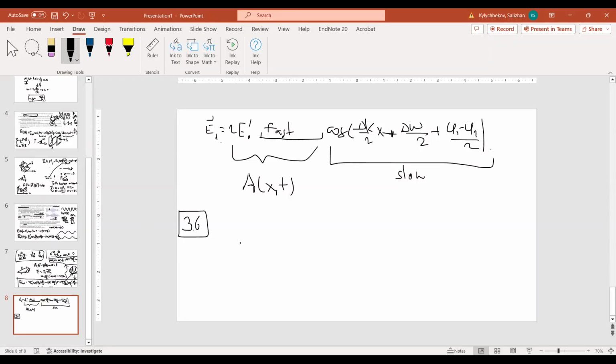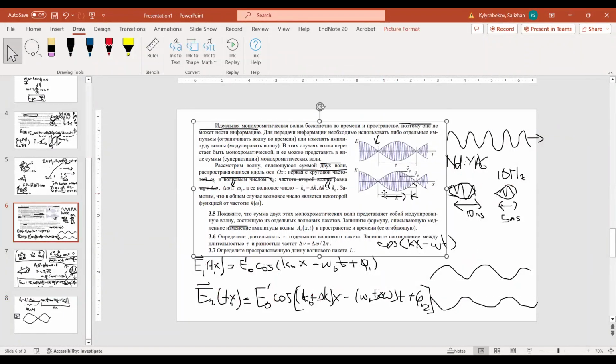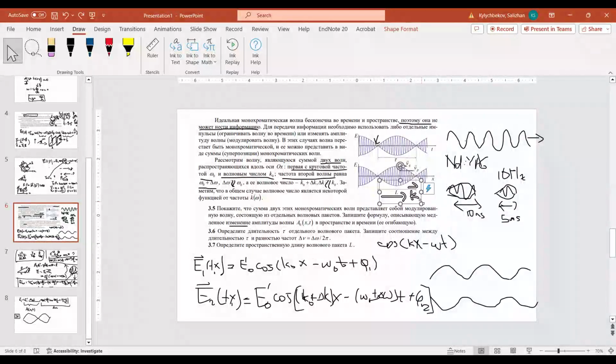So you now have a wave packet, like beats. In the picture, it's already shown. Get it? That's a little point.